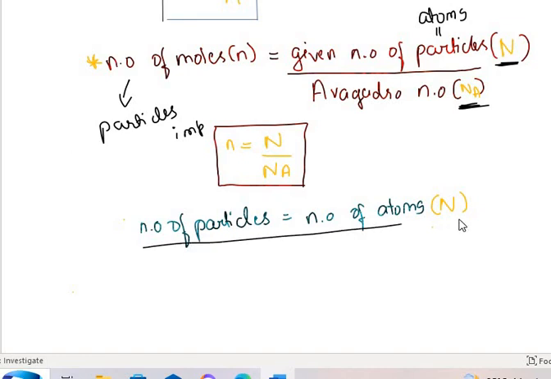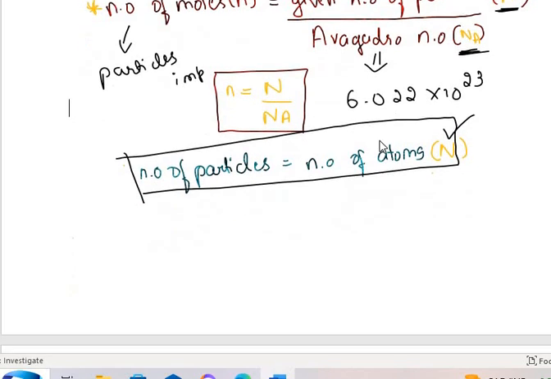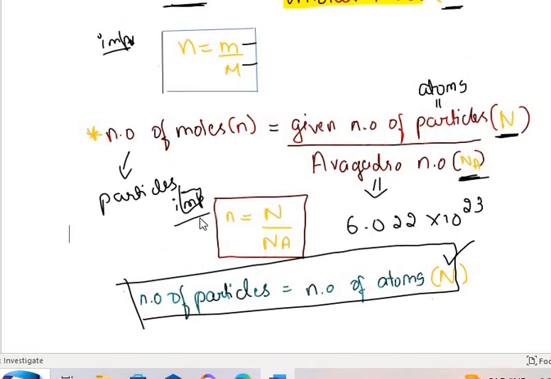As I told you, the number of particles is equal to the number of atoms, represented by capital N. The Avogadro number is represented by N_A, and the Avogadro number is 6.022 × 10^23. Keep in mind that the number of particles is nothing but the number of atoms. These two formulas are important: n = m/M, and n = N/N_A.